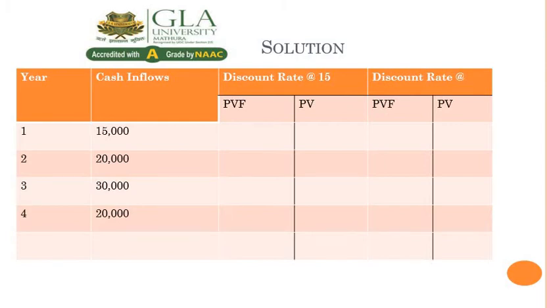So 1 upon 1.15 equals 0.869, or we can say 0.870.